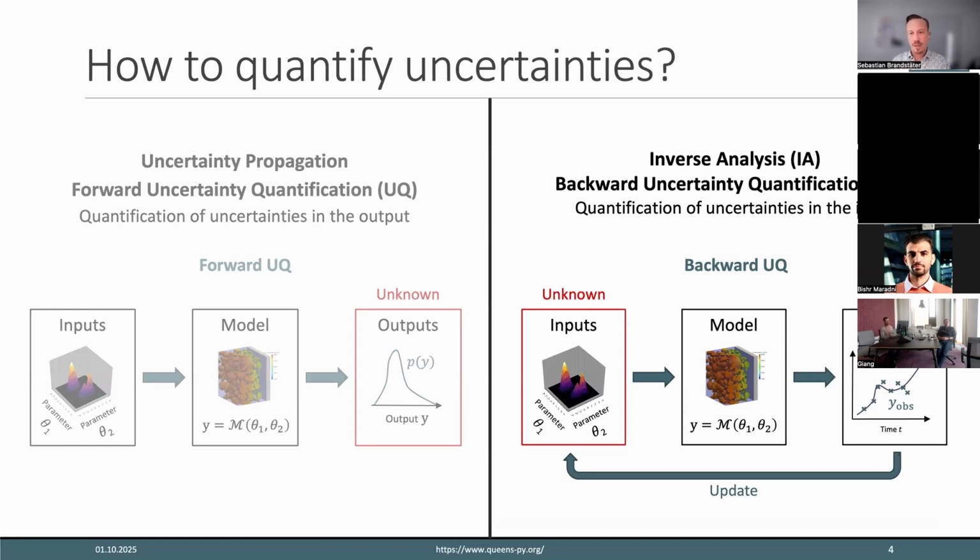The other example is backward uncertainty quantification, where we have some prior knowledge of our inputs, but we get measurements of our output, and then we want to find an update and the best fitting distribution for our inputs that describe the measured output together with the model. And so we are interested in identifying the input uncertainties.